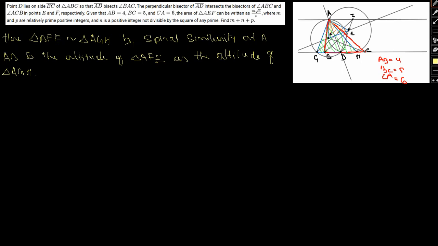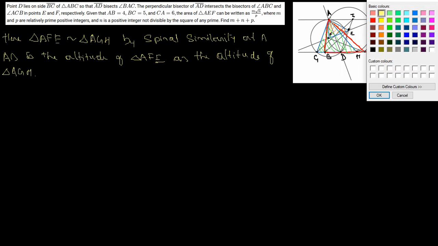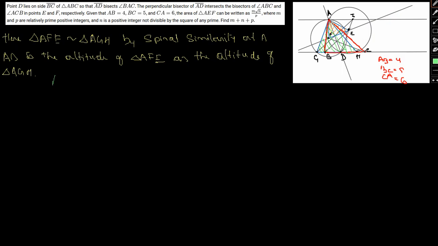So from here we can denote that AD by 2 is equal to root 18 by 2. This is the altitude of triangle AFE.